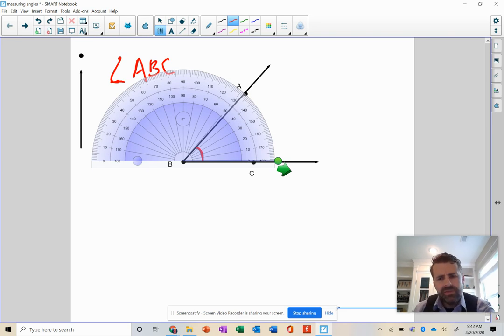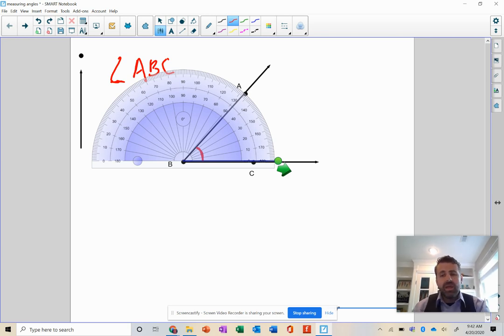And then the next thing I'm going to do is measure. But you'll notice that there are two sets of numbers. The outside set is starting at 180 and it looks like it's counting backwards by tens. The inside set is starting at 0 and counting up by tens. So when you're using a protractor, you have to decide which of those sets of numbers you're measuring with.